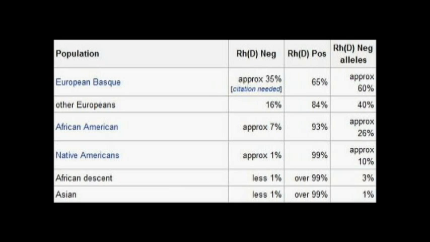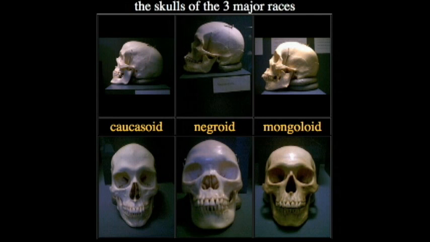And then we have the different blood types in the Caucasian race as well, which is really interesting because then we have Mongolians, we have Caucasians, and we have Negroids in the skull shapes. And I find this really interesting because it's as if this blood was put into each different race to save each race.